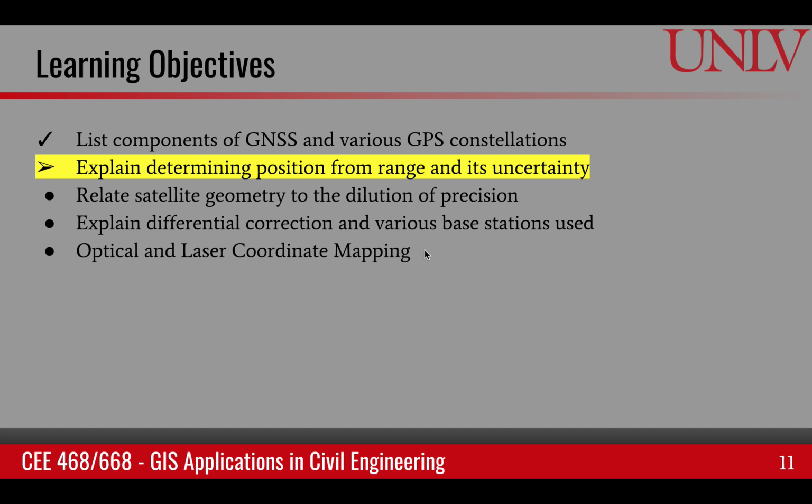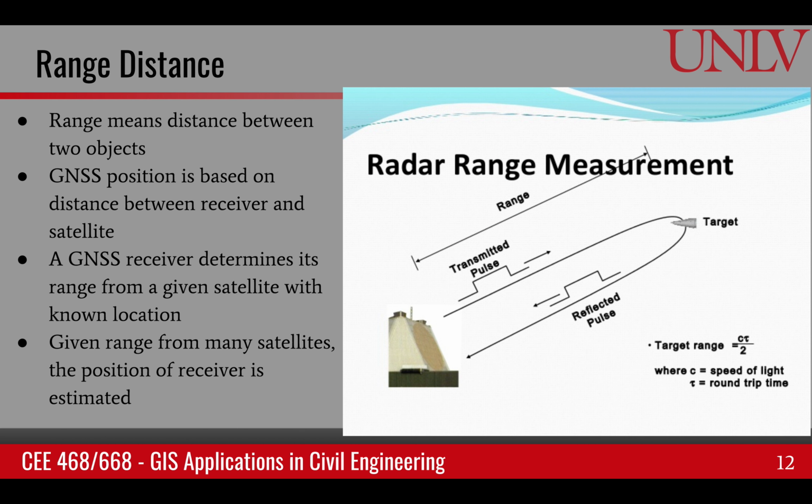The next objective is to determine position from the range and how to associate uncertainty with that estimation of the position. So the range distance is defined by the distance between two objects, and in case of the GNSS, the position is based upon the range between the receiver and the satellite that is communicating to the receiver.